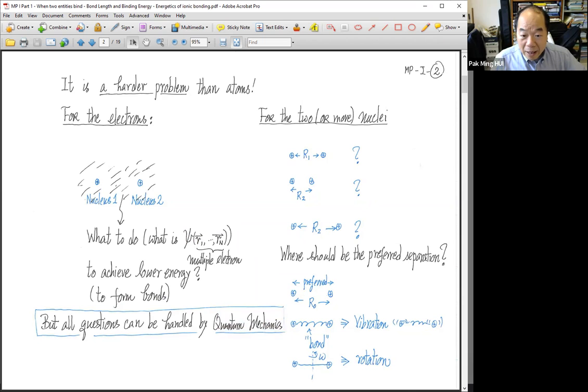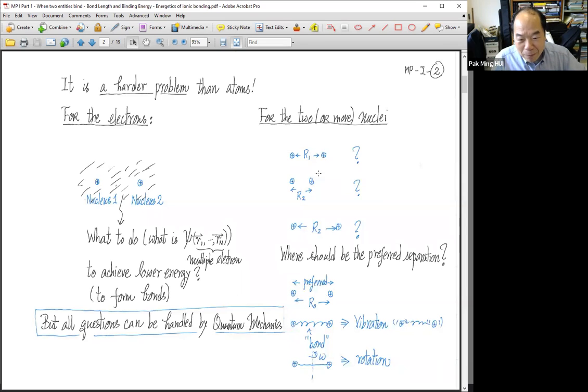Now, how can I search for the best separation? The idea is that we can try different separations. So if the nuclei are separated by a distance, say 0.8 angstrom, it is a quantum mechanics problem. So you can solve the Schrödinger equation, fixing the nuclei at 0.8 angstrom.